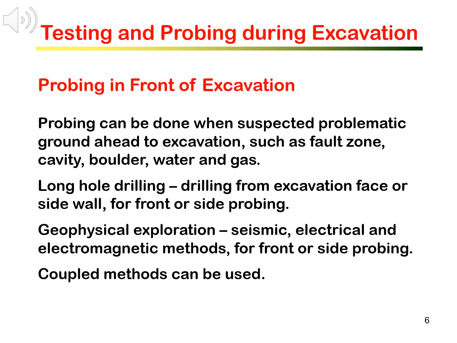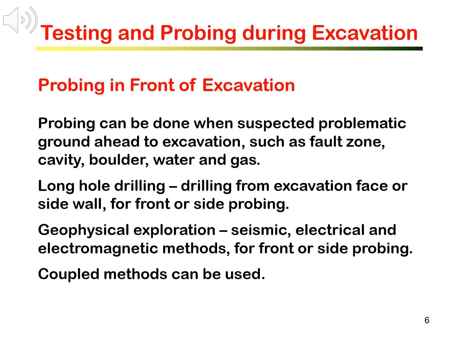Probing can be done by long-hole drilling, typically from the excavation face to probe ahead. Occasionally, if there is concern from the sides, side probing from the wall can be done, but the drilling length does not need to be long.